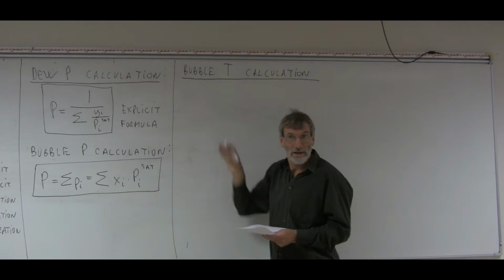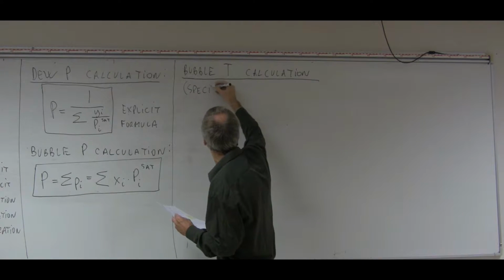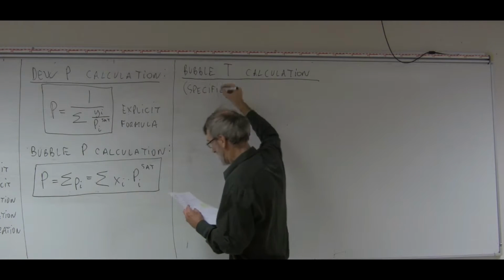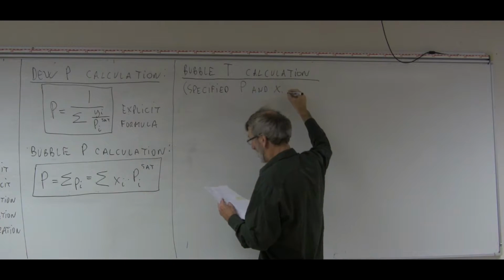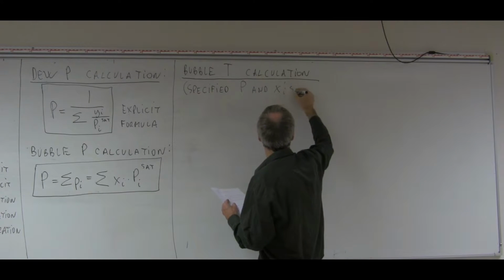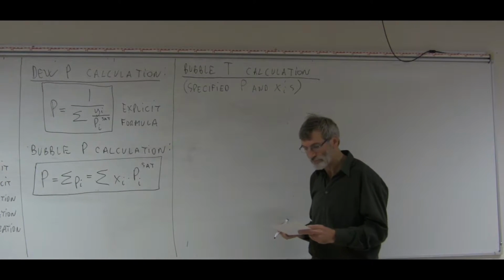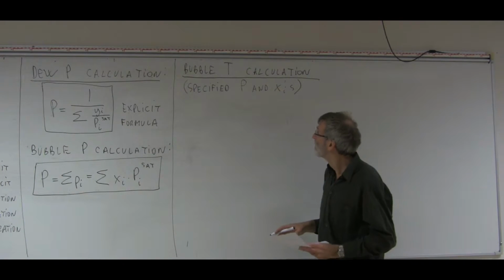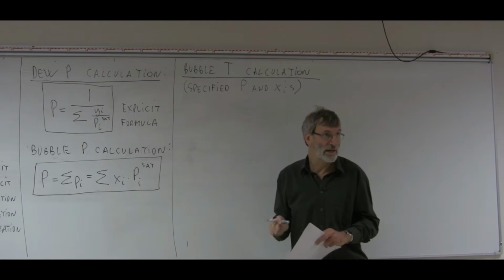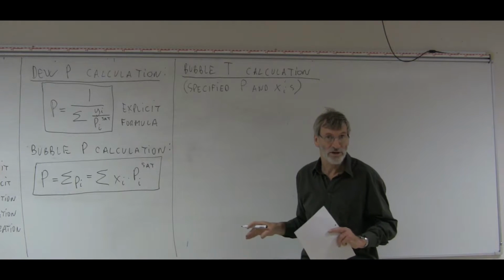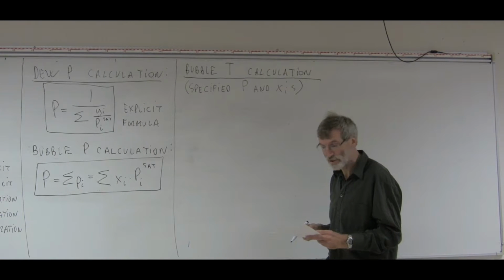With a BubbleT calculation, we talk about a specified pressure and mole fractions in the liquid. The problem when we do not know the temperature is that we do not know what the saturation pressure is, because then we have to know the temperature.